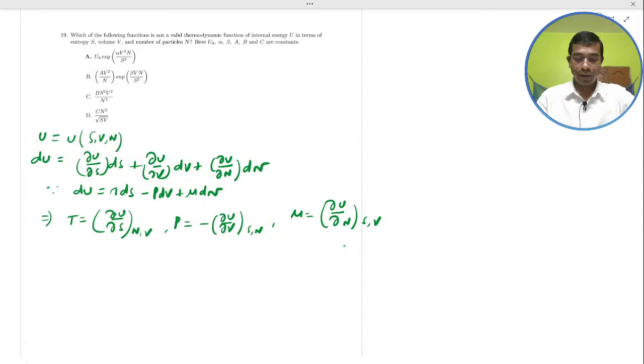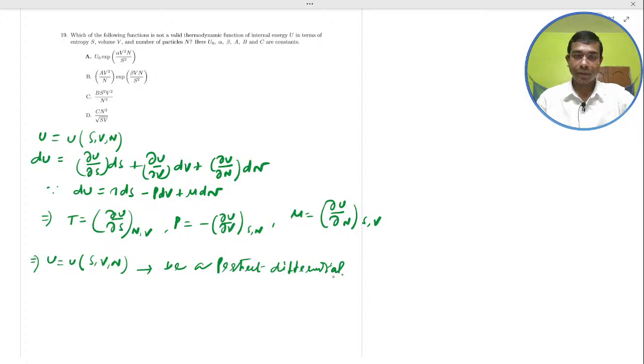Thus U, a function of S, V and N, must be a perfect differential. For a perfect differential, you would get del P del S at constant N and V equal to minus del T del V at constant S and N. This is one.